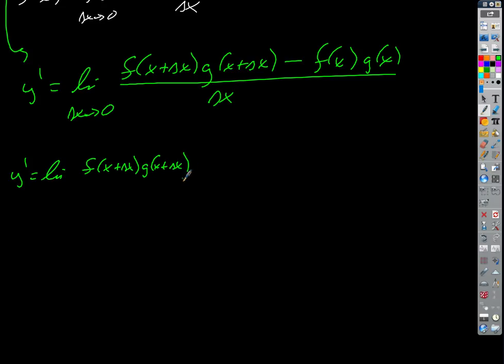Okay, here's the step I'm going to do. In the middle here, between these two terms, I'm going to add 0. I'm going to add 0 in this form. I'm going to subtract f of x plus delta x times g of x, and then I'm going to add the same thing, so they add to 0.